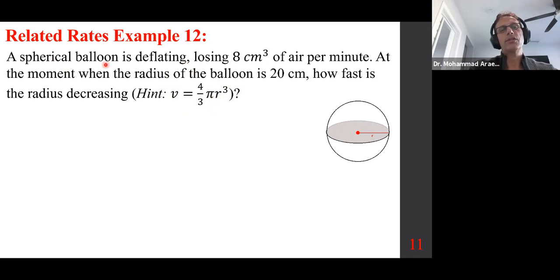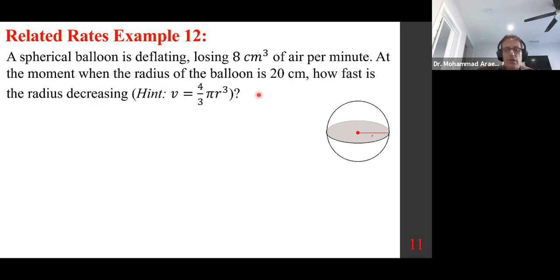Now, it's deflating, or losing 8 cubic centimeters of air per minute. That means what? dV/dt is -8. And that's the key. Understanding in this case, we have to put the proper sign. So -8 cubic centimeters per minute. When the radius is 20 centimeters, how fast is the radius decreasing, what is dr/dt?